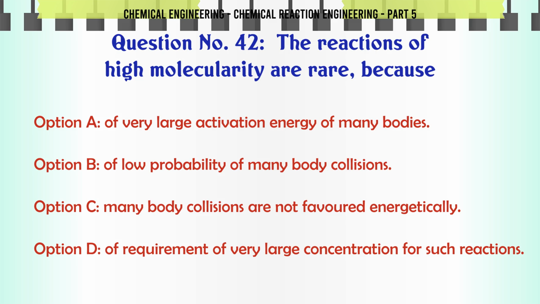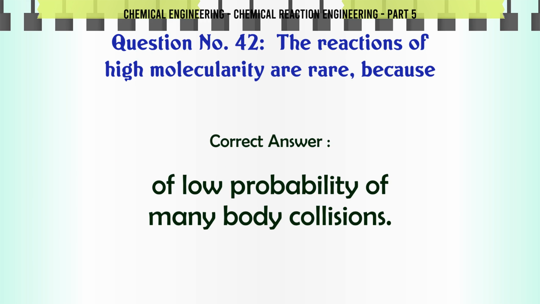B. Of low probability of many body collisions. C. Many body collisions are not favored energetically. D. Of requirement of very large concentration for such reactions. The correct answer is of low probability of many body collisions.